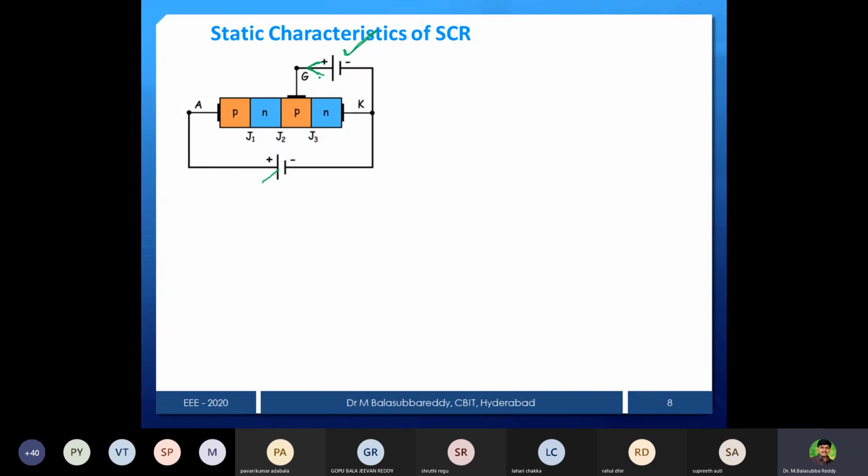By varying this voltage, you can increase the gate current, IG. Initially IG is 0. Now you keep 1 milliampere, then 2 milliampere, and so on. If the gate current increases gradually, the breakover voltage decreases. To maintain the breakover voltage at a lower level, you can increase the gate current.